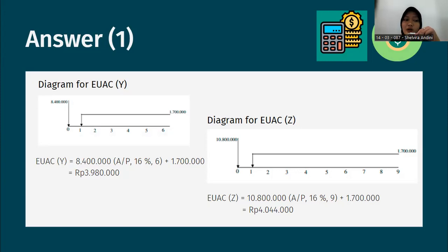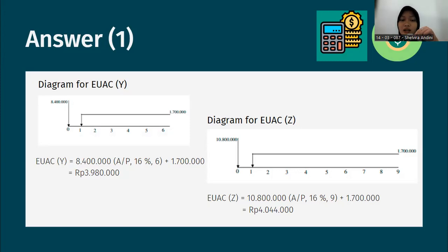The settlement of EUAC Y is 8,400,000 as the cost of Y multiplied by A per P, 16%, 6, plus 1,700,000 as operating cost. And the final result of this EUAC Y is 3,980,000.